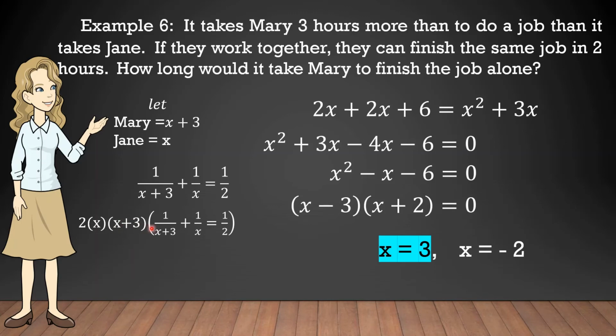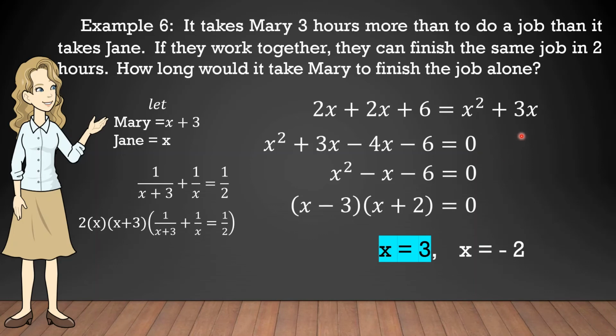Ang matitira natin is 2x. 2x times x plus 3 divided by x. So, cancel ang x. Matitira si 2x plus 6 times 1 is 2x plus 6. Equals 2x times x plus 3 divided by 2. Cancel yung 2. Matitira si x squared plus 3x.